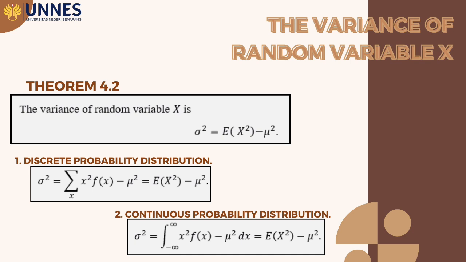And the formula for a continuous probability distribution is sigma squared equal to the integral from minus infinity to infinity of x squared f(x) dx minus mu squared, equal to E[X squared] minus mu squared.